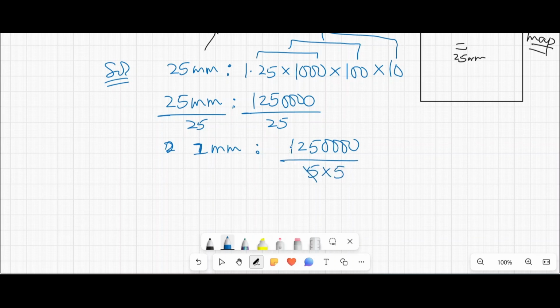First divide by 5: 12 is not divisible by 5, but 10 is, and you get 2. Then the remainder goes on and 25 divided by 5 you will get 5. Now all the other digits are just zeros.